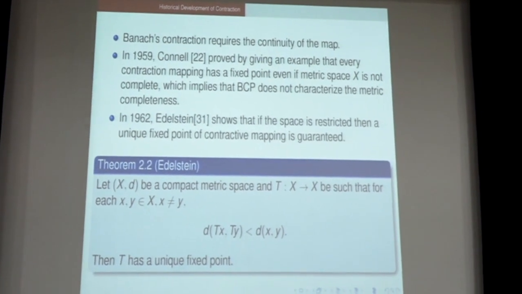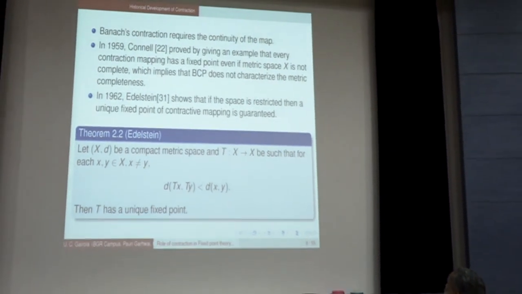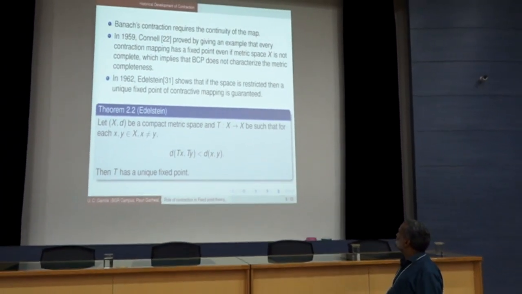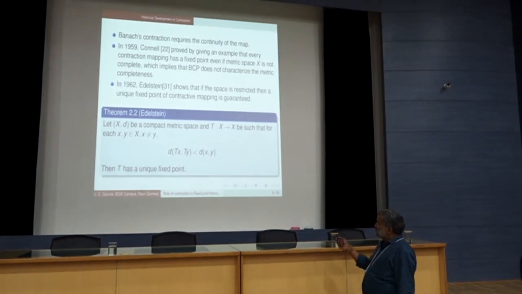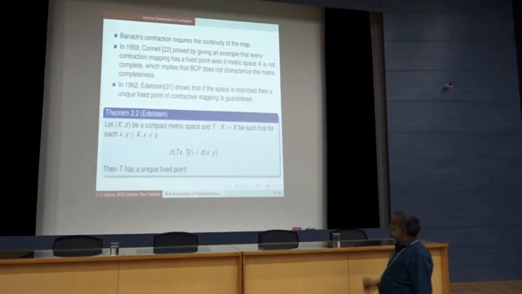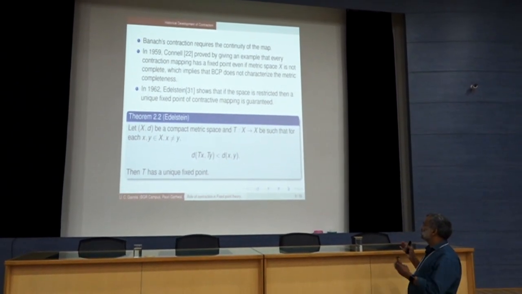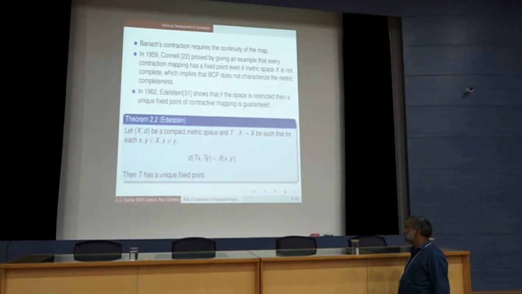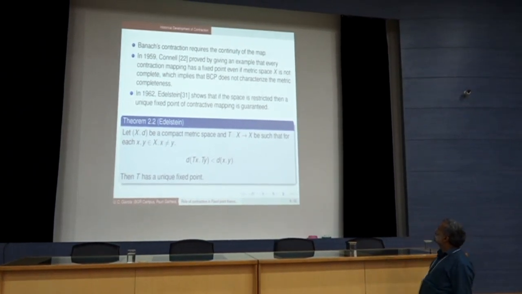In 1962, Edelstein showed that if the space is restricted, then a unique fixed point of a contractive mapping is guaranteed. So here is the theorem: let (X, d) be a compact metric space, so in place of completeness you are taking compactness, and T from X to X such that for each x, y belonging to X, x not equal to y, d(Tx, Ty) is less than d(x, y).